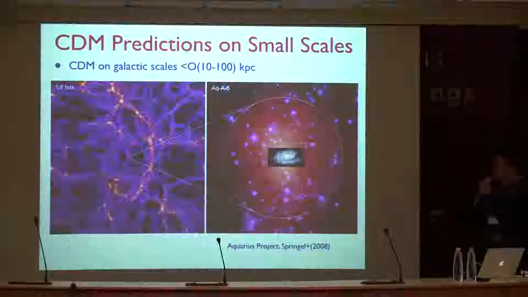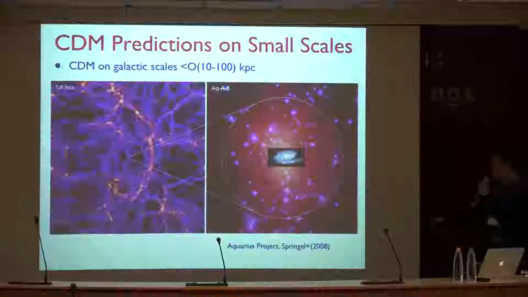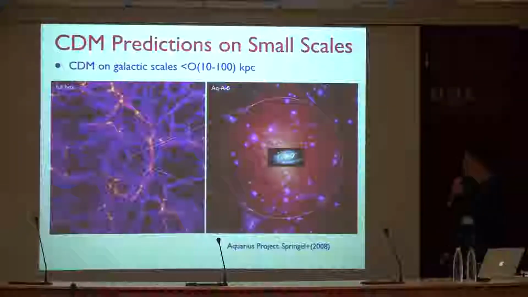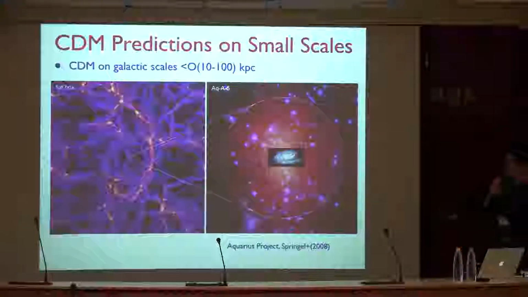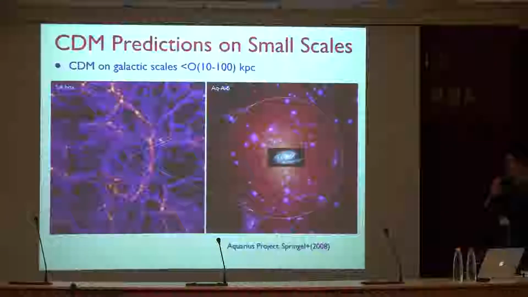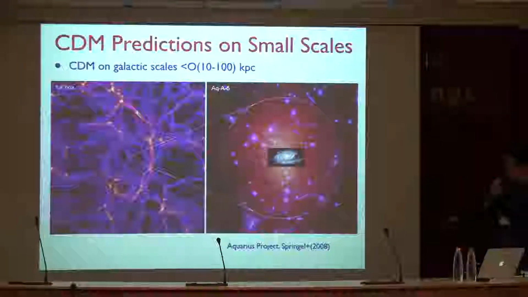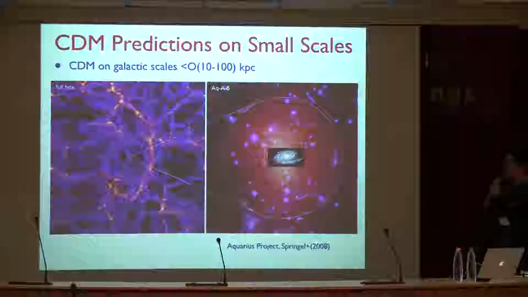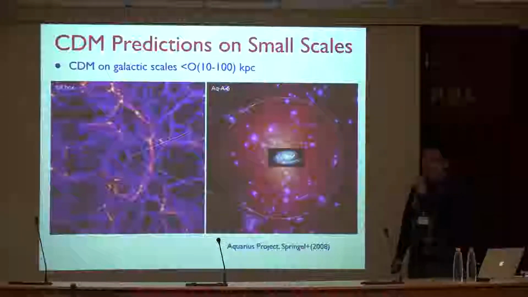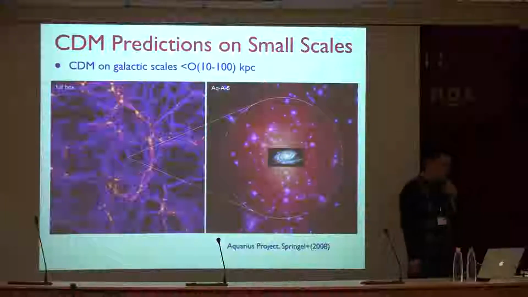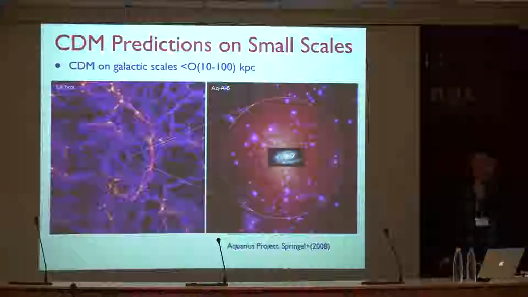This figure is from numerical simulations of the structure formation of the universe. It essentially shows the dark matter distribution in the universe. If you zoom into this region, you will find something called a dark matter halo. Dark matter halos are very important, right? They are essential for galaxy formation.